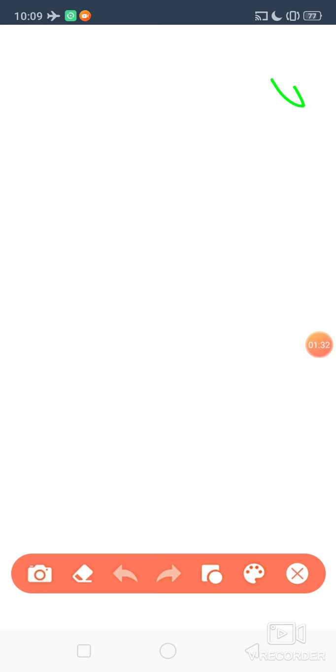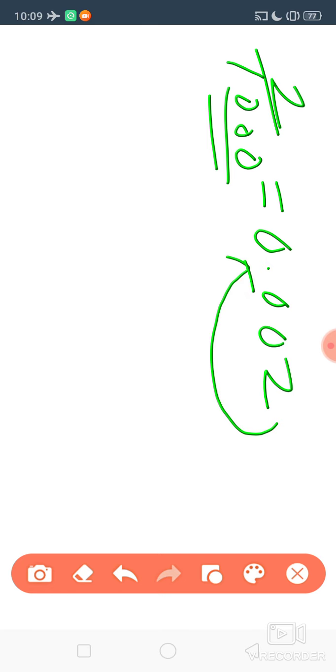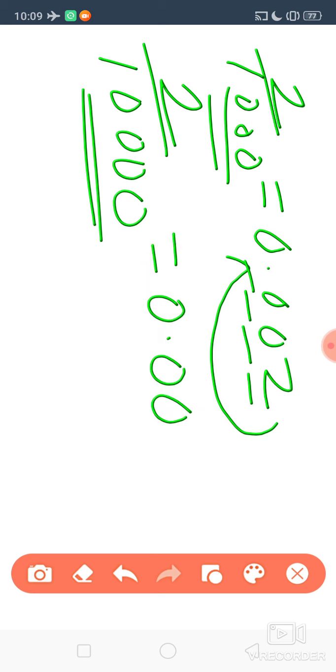Suppose 2 by 1000 will be there, then what can we write? 0.002. You can see 3 zeros are there, so the decimal is shifting 3 digits left: 1, 2, 3. Suppose 2 by 10,000 will be there, then in the denominator we have 4 zeros, so similarly 0.0002.